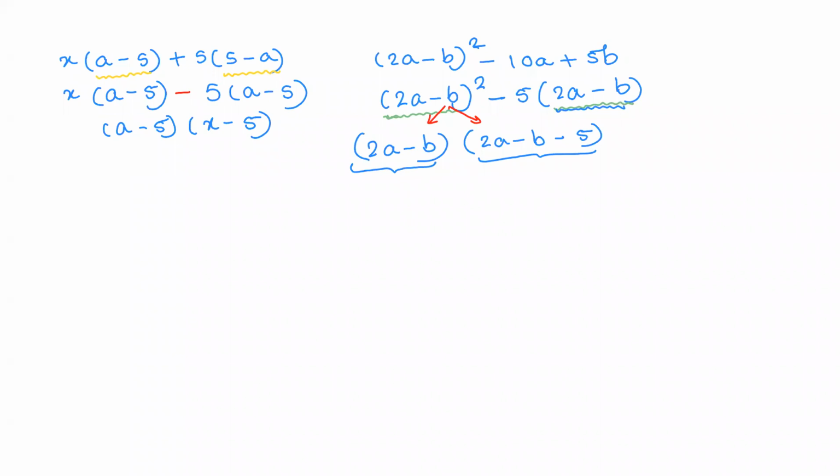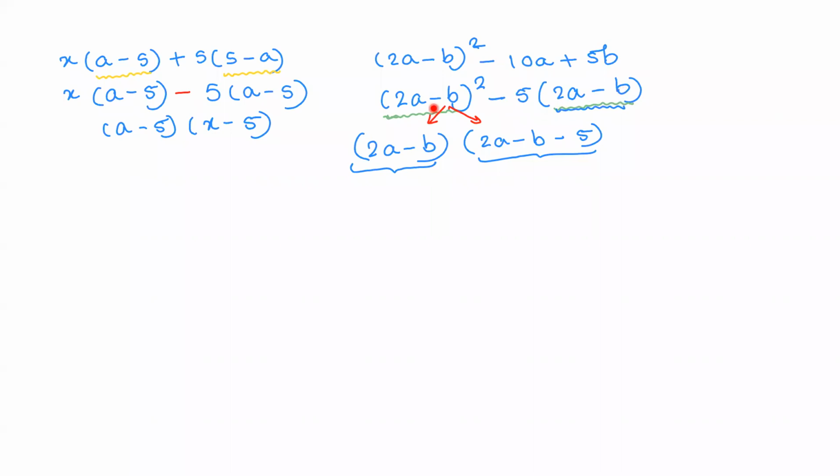Okay, I hope everybody got the idea here. Great. Okay, fine. I'll explain it once again for those who have difficulty here. See, 2a minus b the whole square, and we have minus 10a plus 5b. From the last two terms, we took out minus 5 common. Now, when I took minus 5 common outside, inside the bracket, you will have 2a minus b.